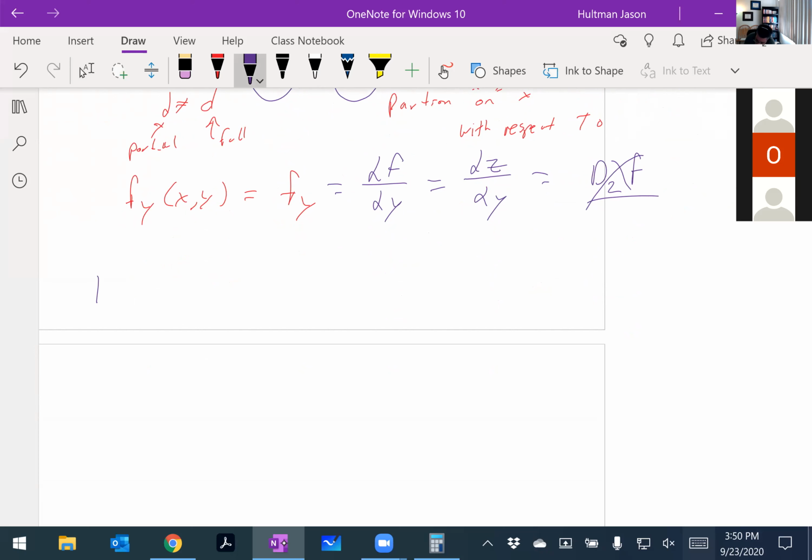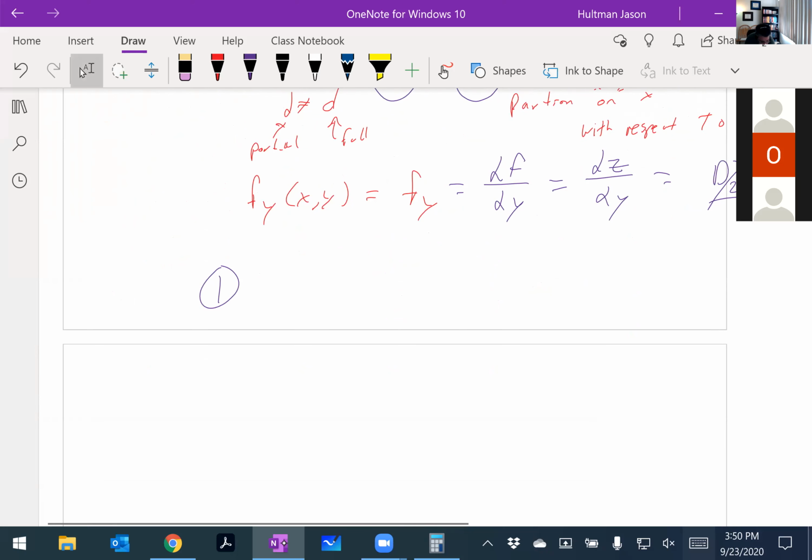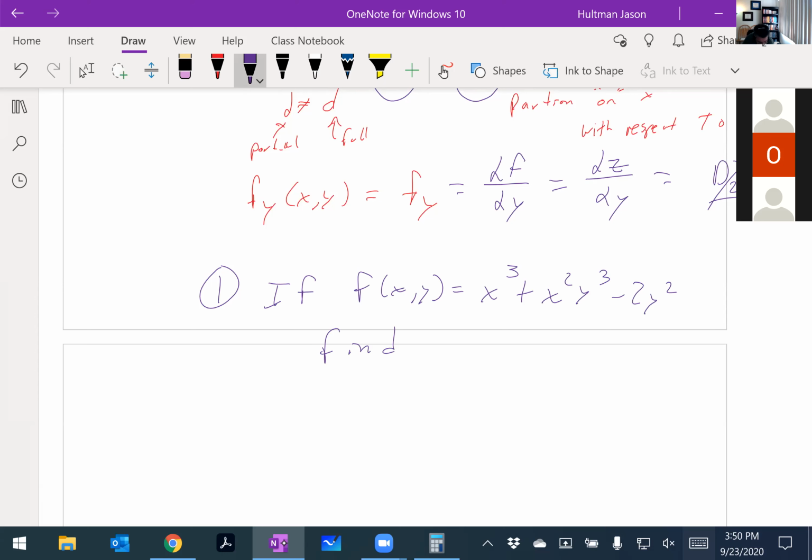Okay, number 1. If f of x, y is equal to x cubed plus x squared y cubed minus 2y squared, find f sub x of 2, 1 and f sub y of 2, 1.